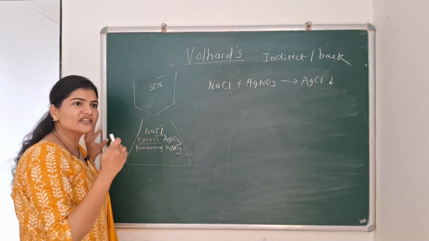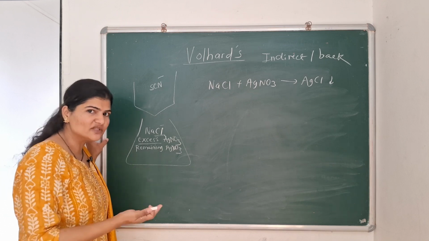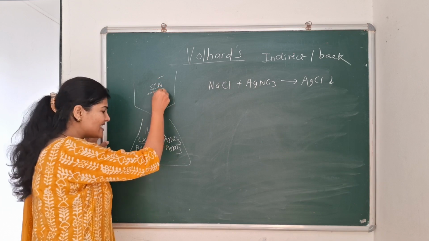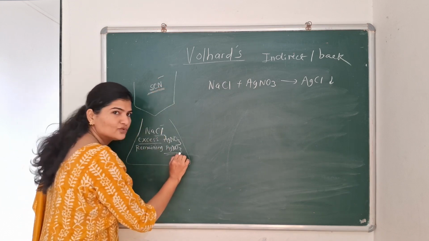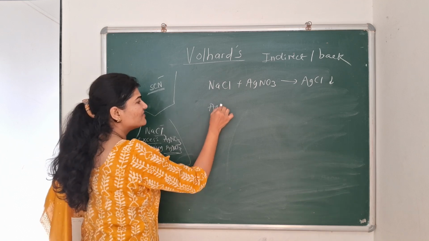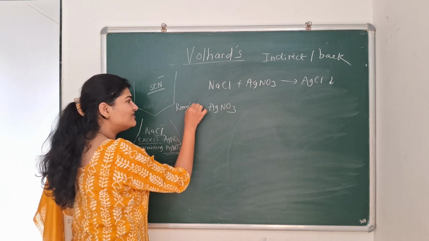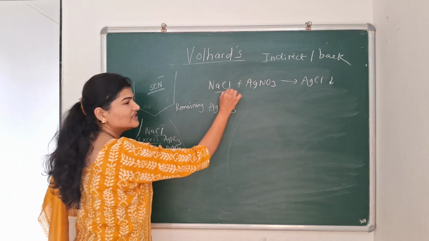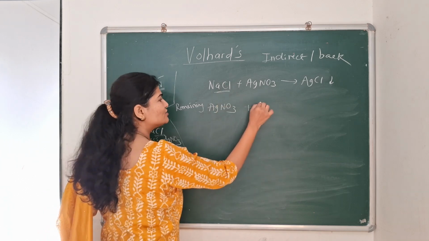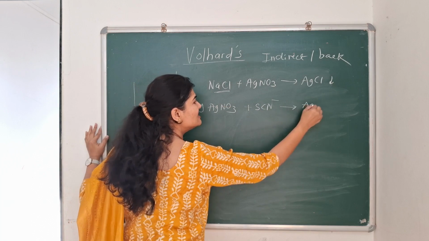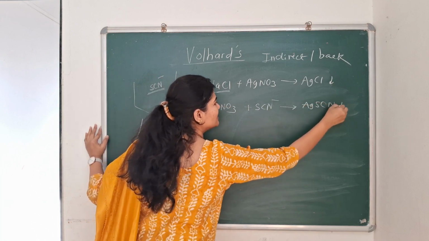So either use potassium thiocyanate or ammonium thiocyanate solution as your titrant, and this will react with remaining AgNO3. So how will the reaction take place? This remaining AgNO3, after complete reaction with analyte, now reacts with thiocyanate solution to give me silver thiocyanate PPT.